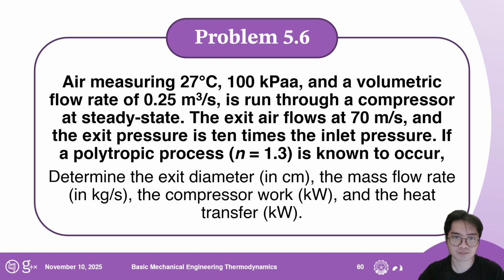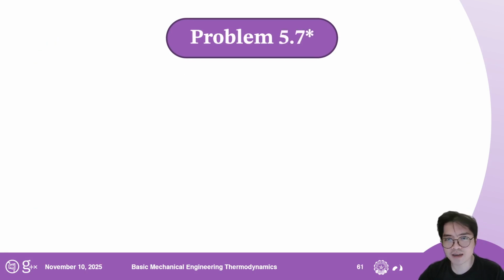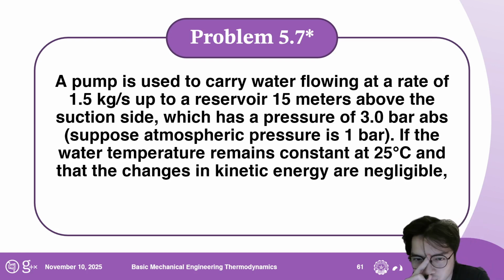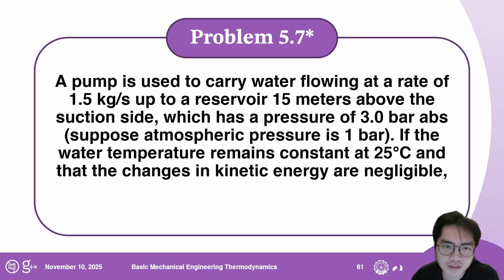Now, with problem 5.7, you might see a little bit of a problem. A pump is used to carry water flowing at a rate of 1.5 kilograms per second to a reservoir 15 meters above the suction side, which has a pressure of 3 bar absolute. Suppose atmospheric pressure is 1 bar.